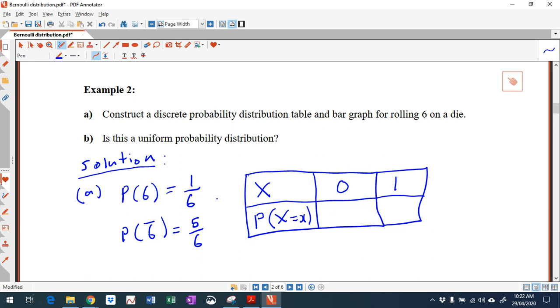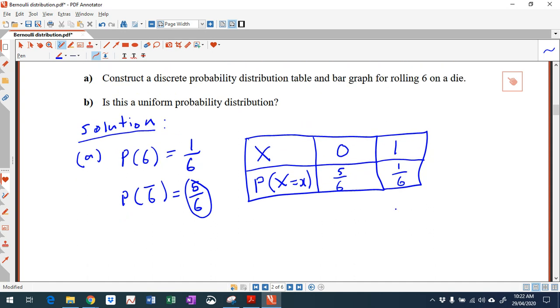Failure is not getting a 6, so that's 5 over 6. And success is getting a 6, so that's 1 over 6. Okay, so that's the probability distribution table. And we're also going to define that 0 is equal to failure and 1 is equal to success.